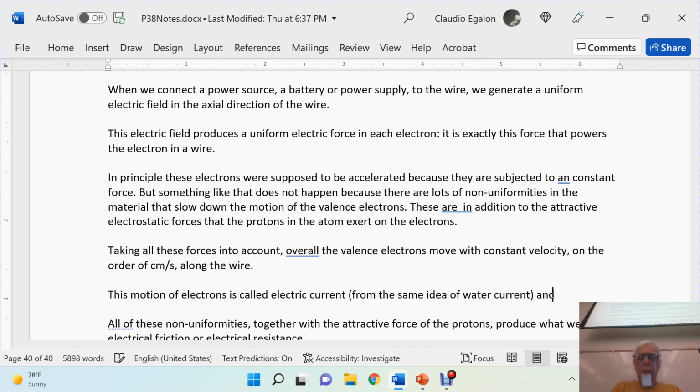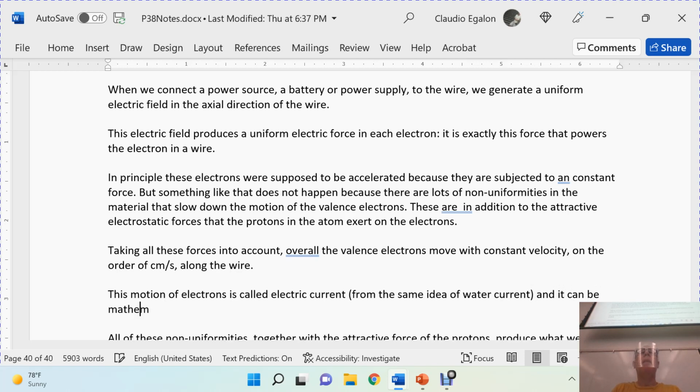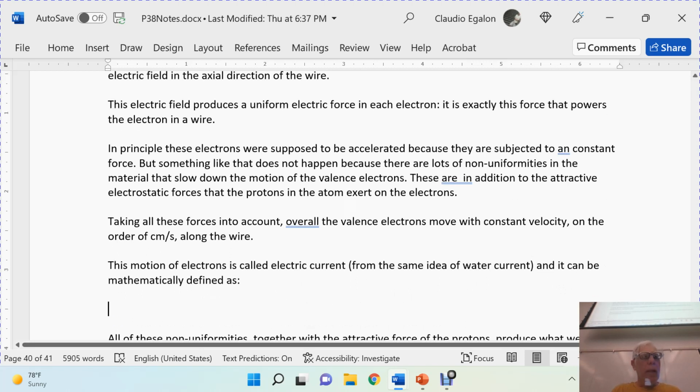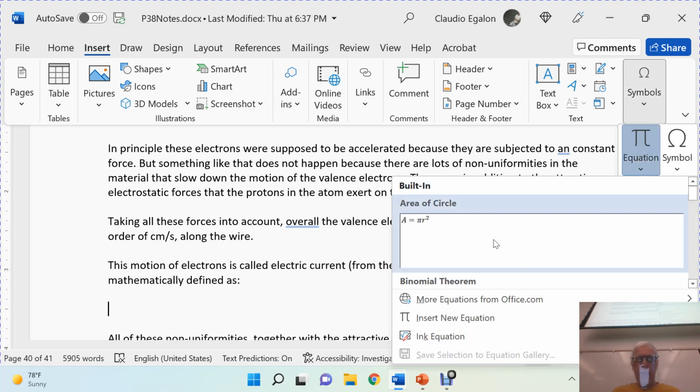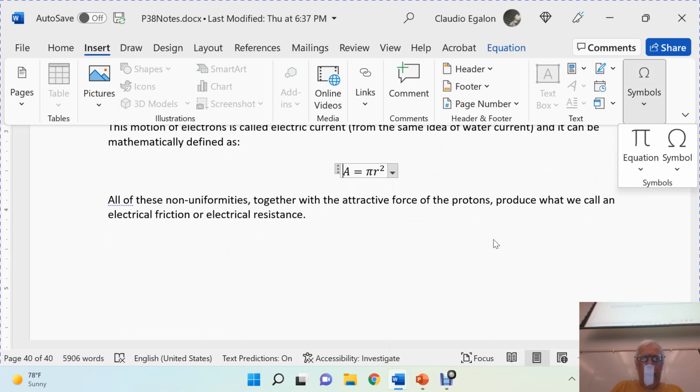And it can be mathematically defined as, electric current we usually represent by the letter I. You have already played a little bit with electric current. That's how we usually represent it mathematically.